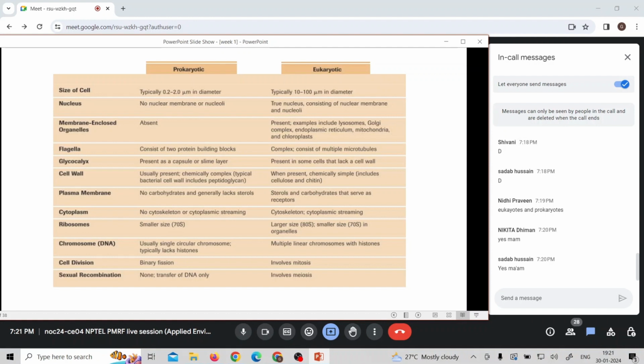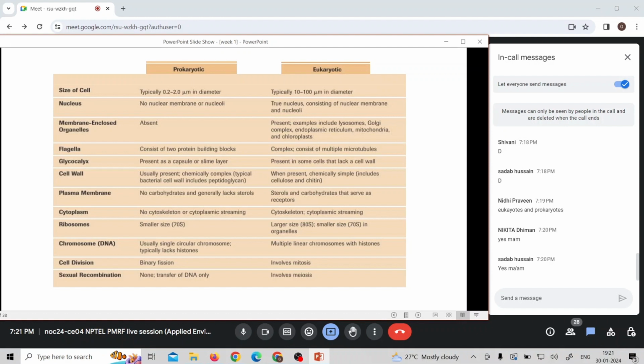But their genetic material is embedded somewhere in the prokaryotic cell. Do you people know what that particular portion is called? Nucleoid. Okay, it is nucleoid, right? So that is a nucleoid.